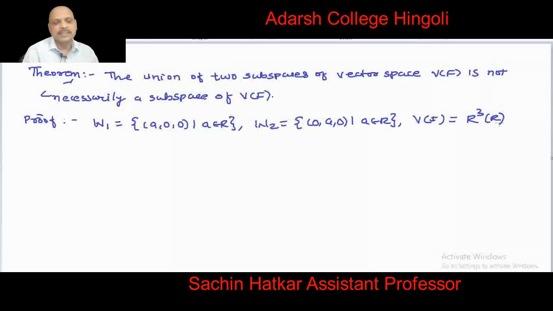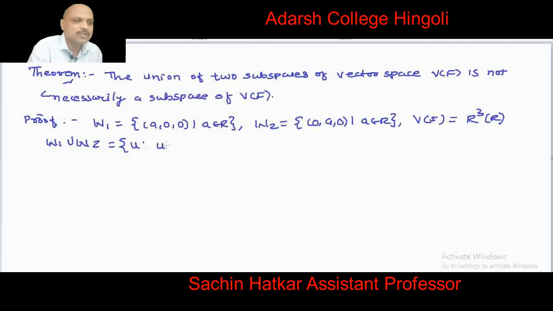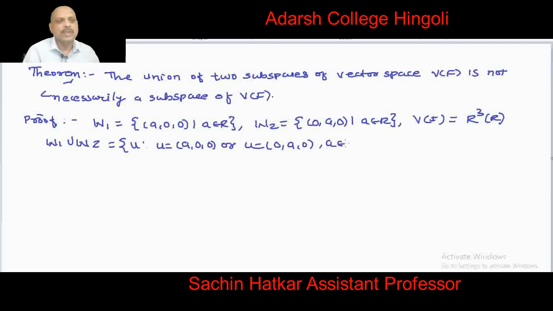You can easily check that W1 and W2 are subspaces. Then the union W1 union W2 is the set of all elements u where u equals either (a, 0, 0) or (0, a, 0), where a belongs to R.